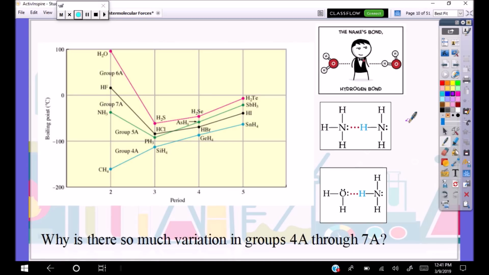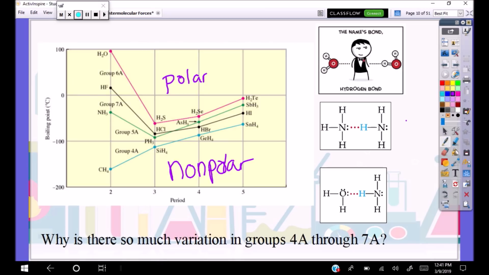And again, it relates to electronegativity. So group 4, those are things like carbon and silicon. Those aren't very electronegative, and in fact, most of those things are viewed as nonpolar. Whereas as we go across from left to right on the periodic table, we get more electronegative. If we get more electronegative, we also increase in polarity, and then we tend to see these spikes in the boiling point from there.